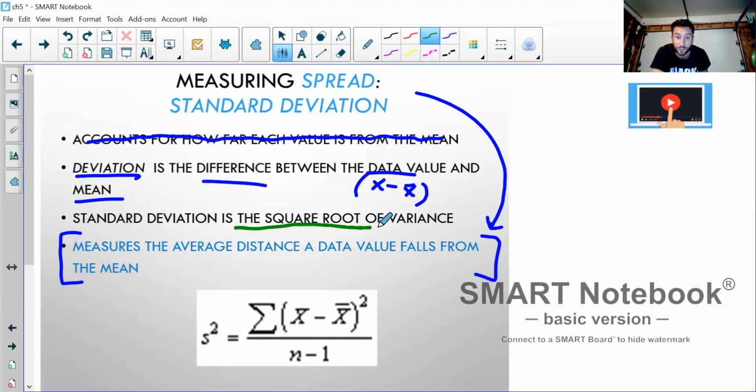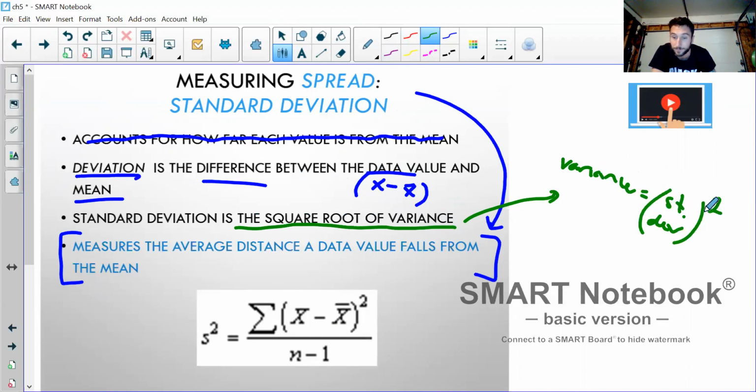Standard deviation is the square root of variance, or conversely, variance is the same thing as the standard deviation squared. For now, we just need to know that definition, right? We need to know variance is standard deviation squared. We'll use variance later when we start to work with combining random variables and the Pythagorean theorem of statistics. And we'll also touch on what this means a little bit in a second when we do an example.